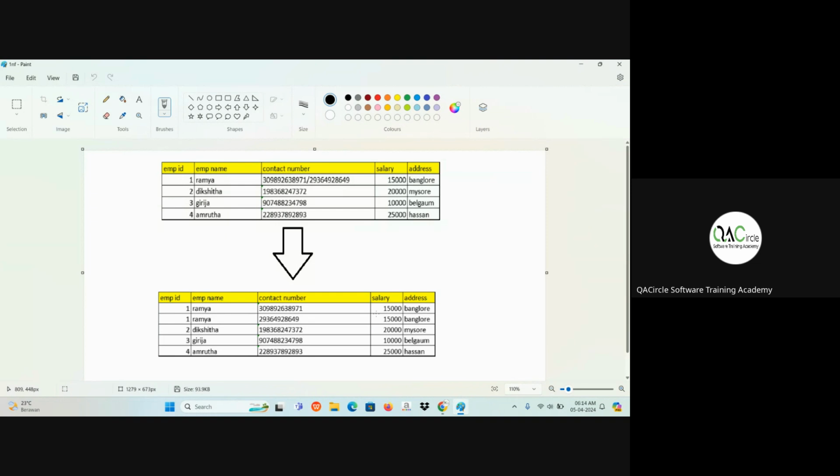Now continue with second normal form. In that, first point, the table should obey first normal form rules.